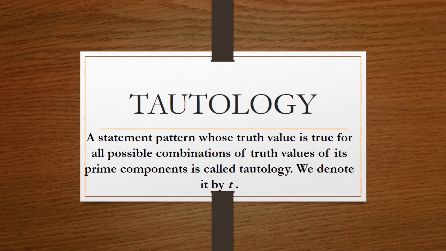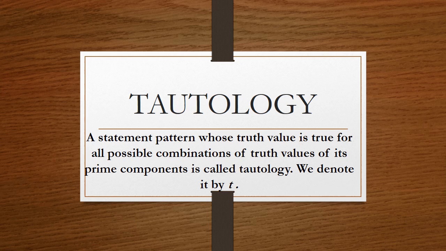Tautology. A statement pattern whose truth value is true for all possible combinations of truth values of its prime components is called a tautology. We denote it by T. That means a statement pattern has its prime components and logical connectives.